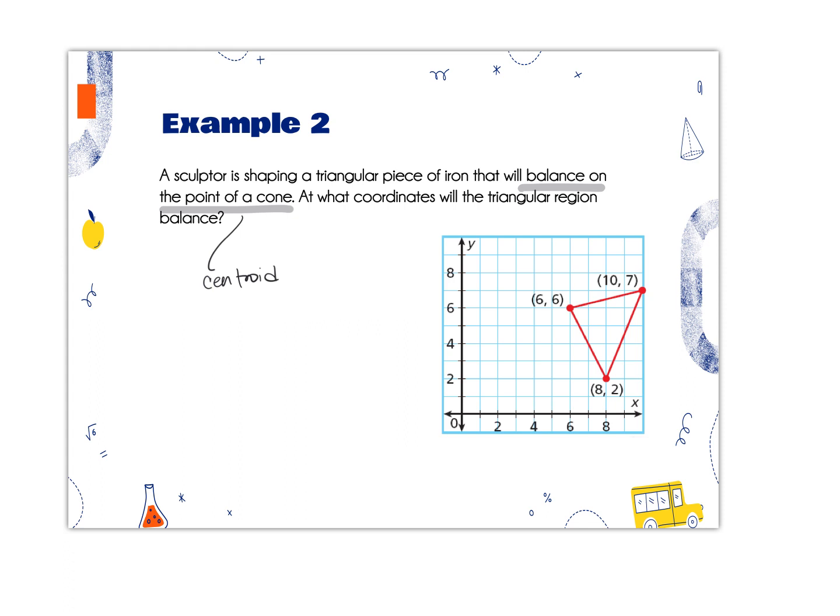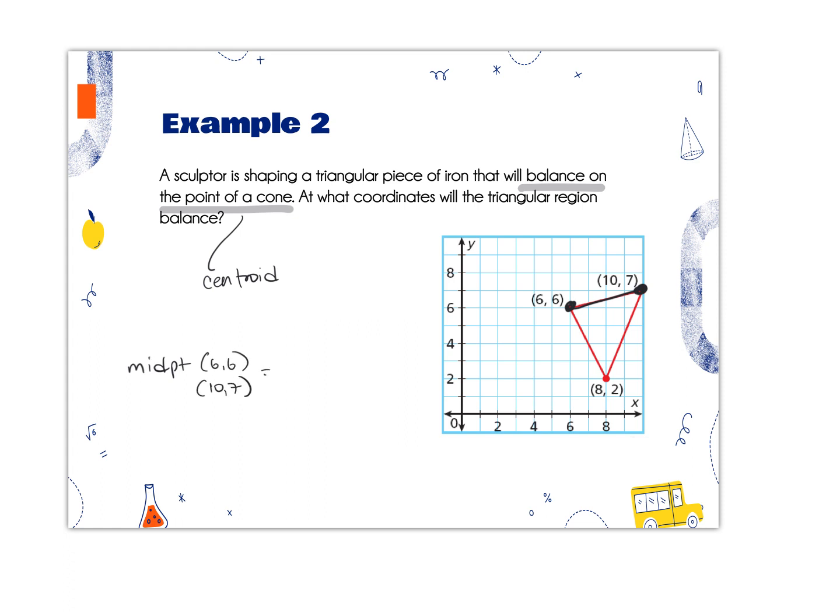And again, remember that to find that point of concurrency, the centroid, you have to draw a median. So you have to go to each vertex, and draw a line from that vertex to the midpoint of the opposite segment. So I'm going to have to do a little bit of math here. I'm going to start with this line right here. I'm going to need the midpoint of 6, 6 and 10, 7.